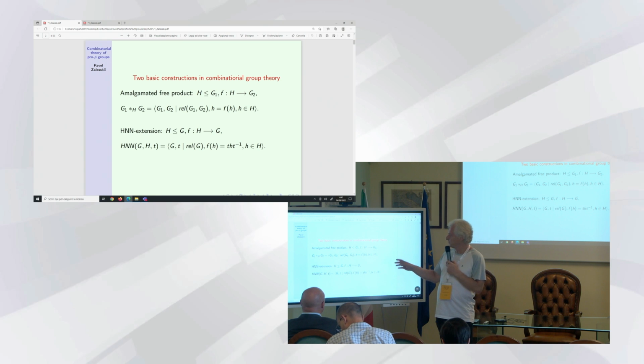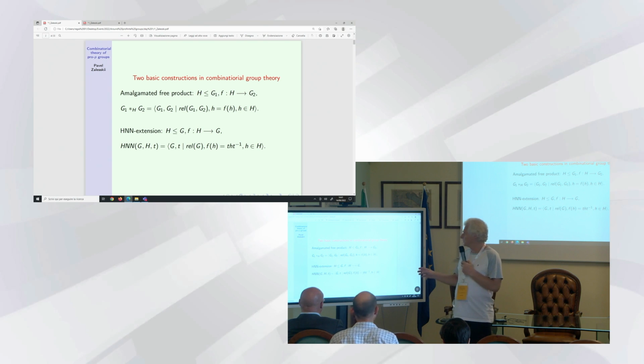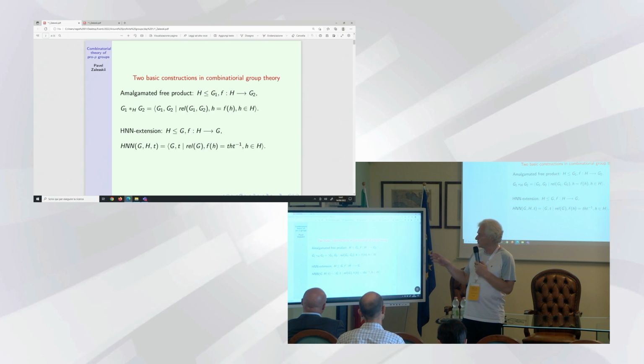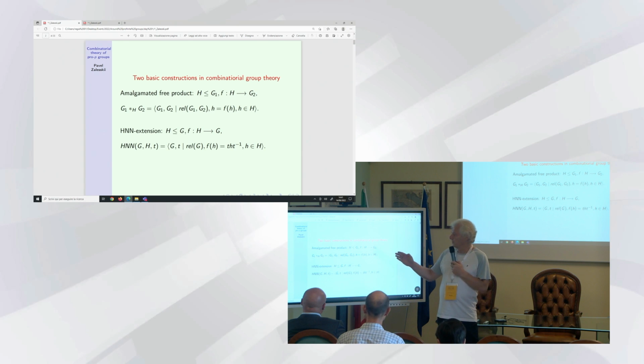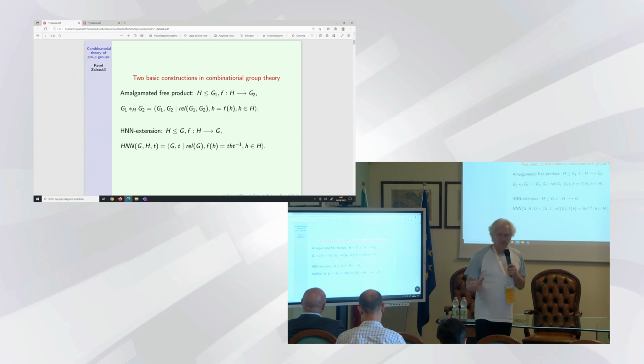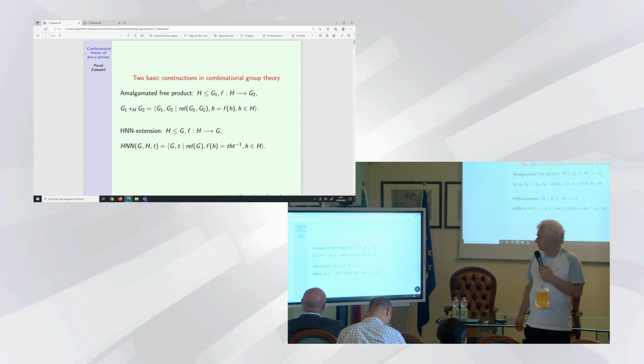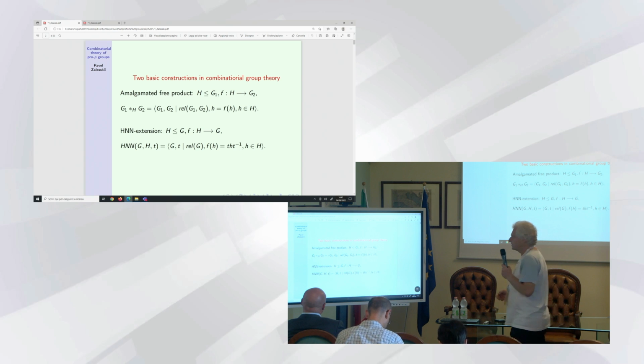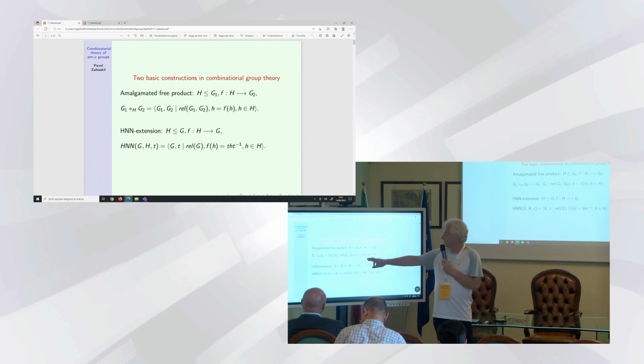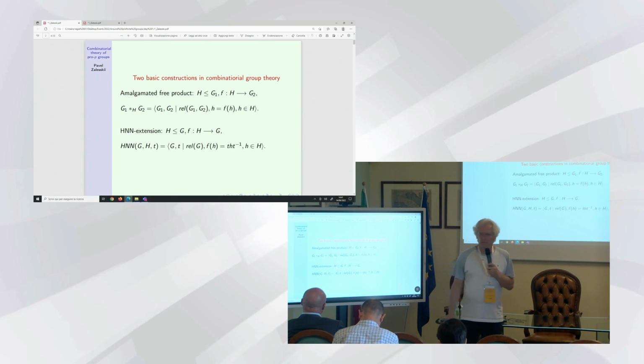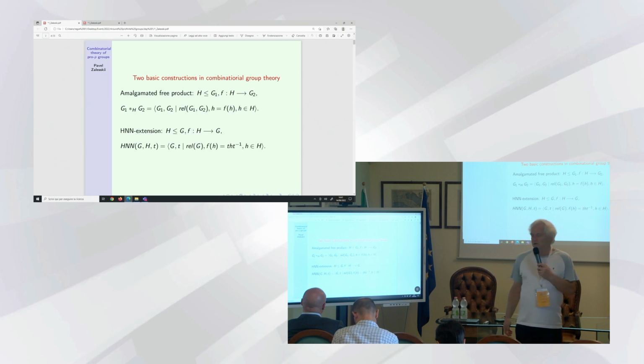We have 2 groups, G1 and G2, with a common subgroup H, and we take the free product of G1 and G2 and then amalgamate in H, meaning that we have a copy of H in G1 and a copy of H in G2, and we identify them. You can also consider this as a pushout, but in principle you have this presentation, which explains exactly what I said.